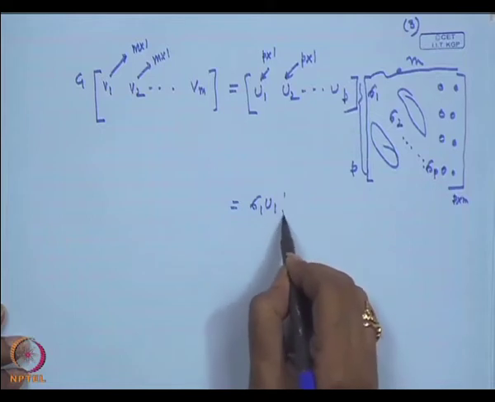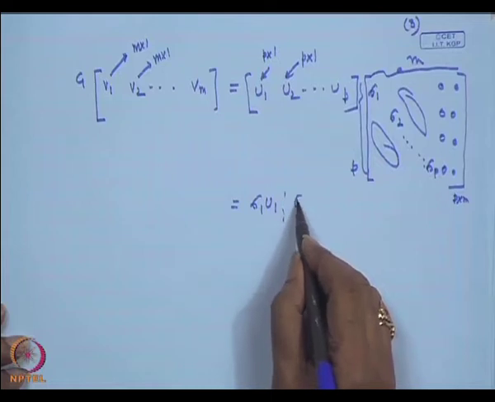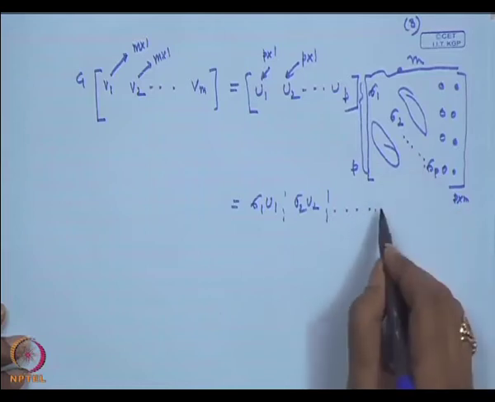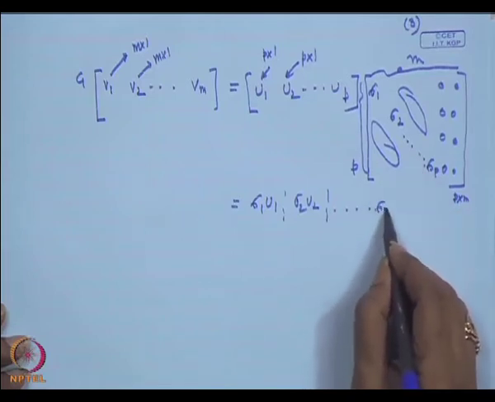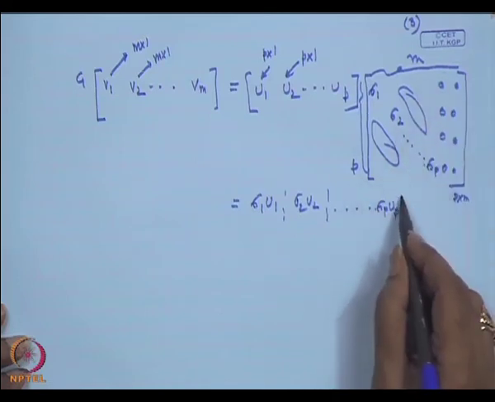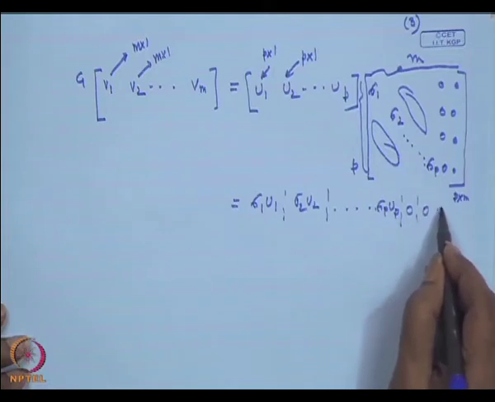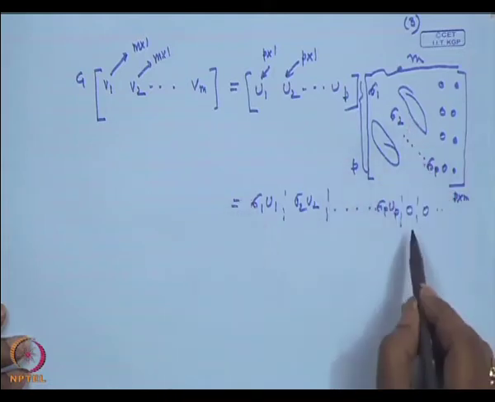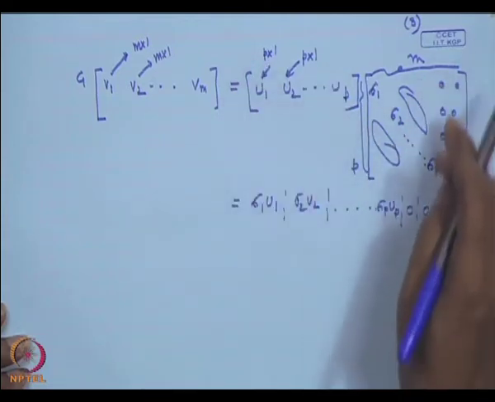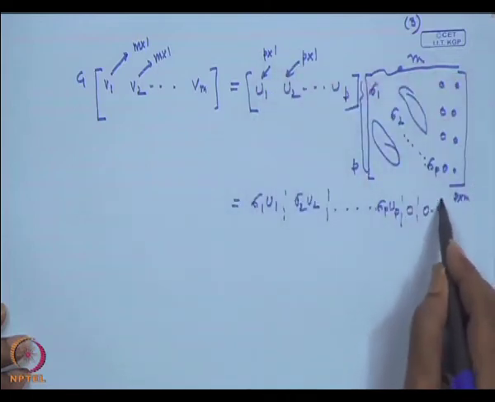The second column multiplied by this gives sigma 2 u 2, and in this way we get sigma P u P, and the other columns are zeros. So this into this is 0, and so on.